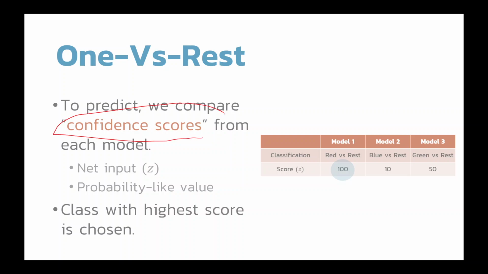The confidence score is kind of like an informal way of telling how confident the model is for that particular answer. And the confidence score is going to be different in different models. All the models in machine learning can output something called a confidence score, but the way that you interpret them can be different among different models. For example, the one that we are going to learn next is called logistic regression.